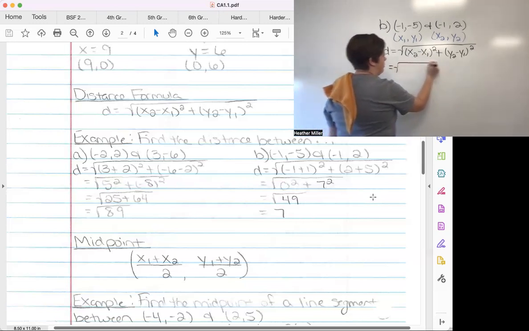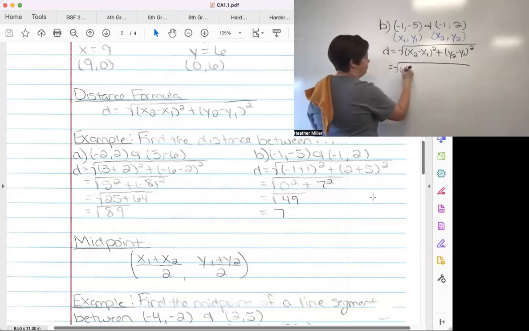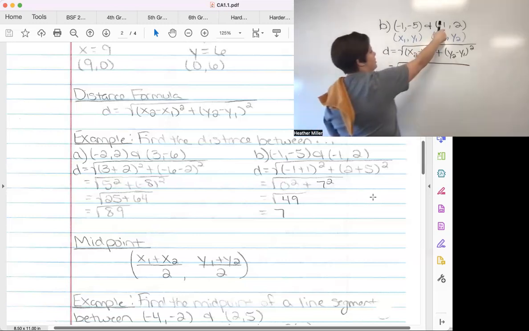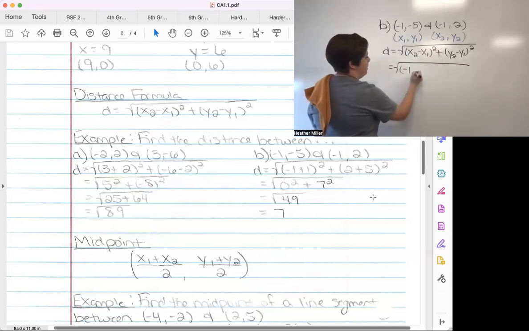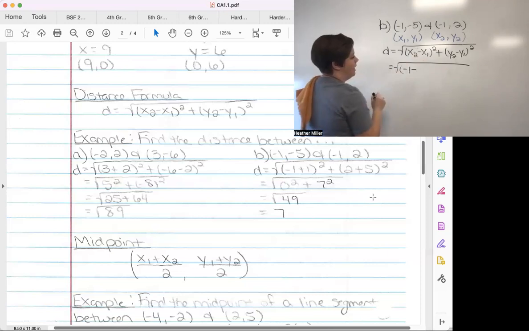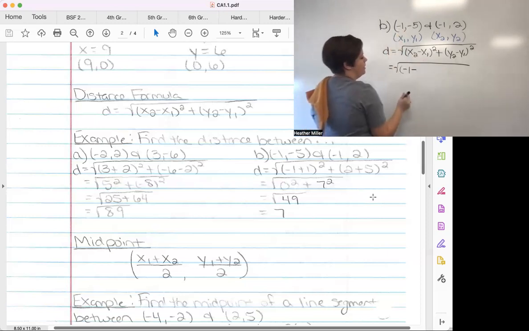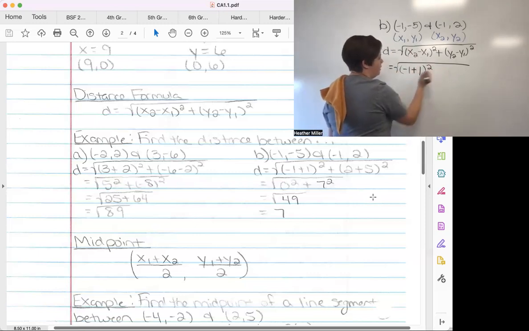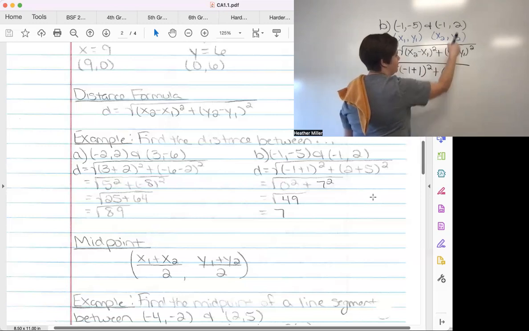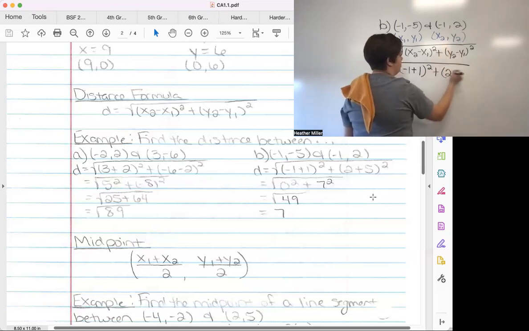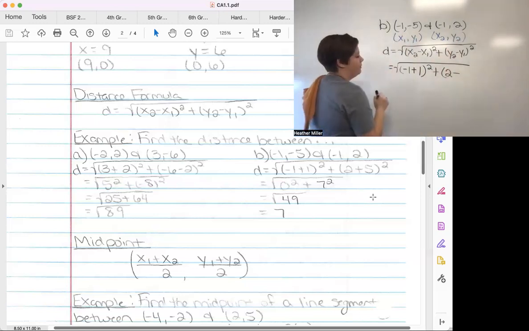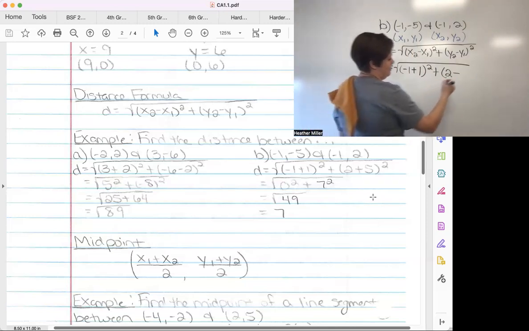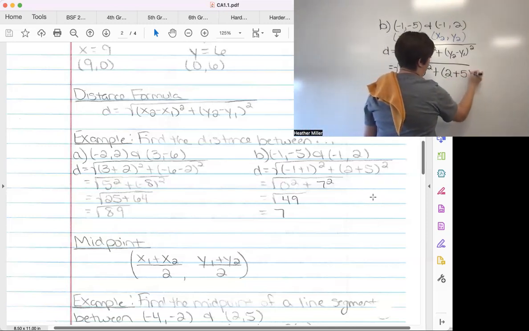So now I'm going to plug in those values for the x2, which is -1, minus my x1 value, which is -1. So a negative and a negative will make this into a positive 1 quantity squared, plus y2, which was 2, minus y1. Again, we have a minus, so it becomes a positive.